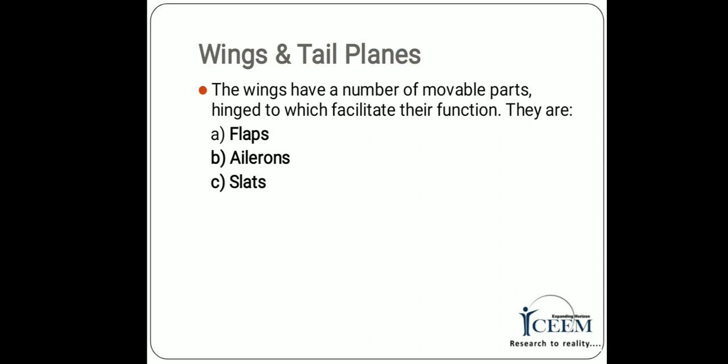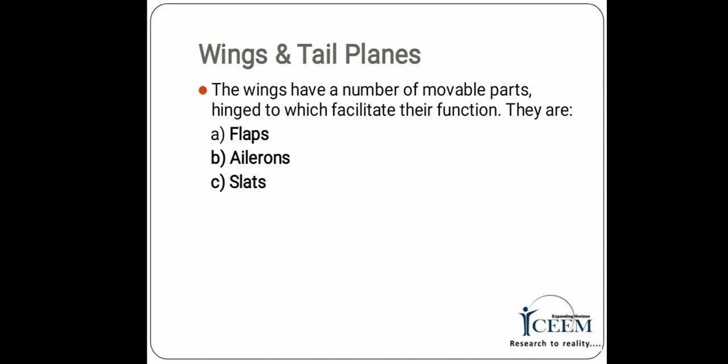They also carry the fuel. The wings are designed so that the outer tips of the wings are higher than where the wings are attached to the fuselage, called the dihedral angle. It helps keep the airplane from rolling unexpectedly.